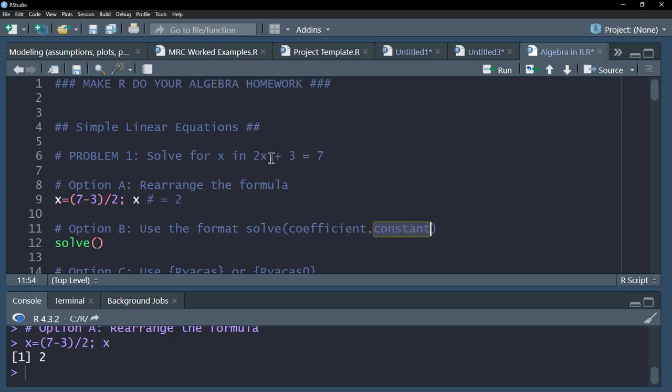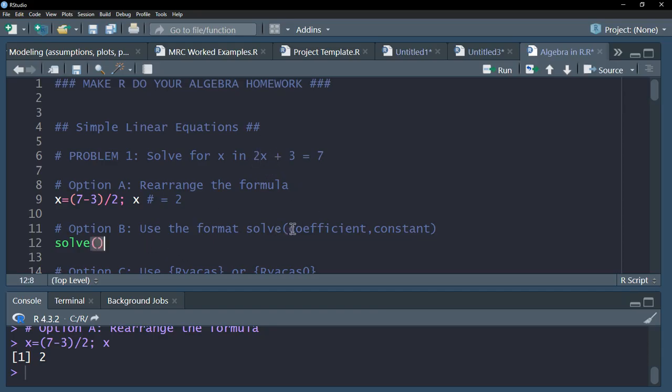So the coefficient in this equation is 2. It's the value we're multiplying times this unknown variable. The constant is kind of the rest of it, the part that's not attached to anything else.